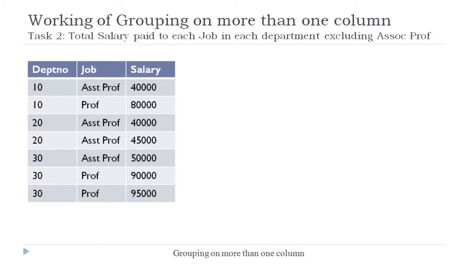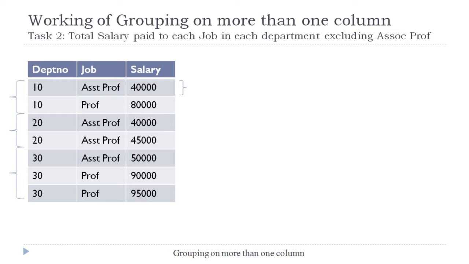So first grouping will be created for department number 10, then for department number 20 and for department number 30. Here we have 2 records in department number 10, 2 in 20 and 3 in department number 30. Within each department number, subgrouping will be created on job. We have only one job of assistant professor in department number 10.